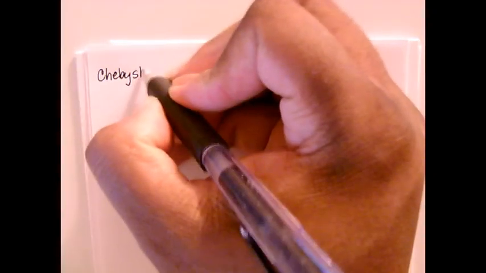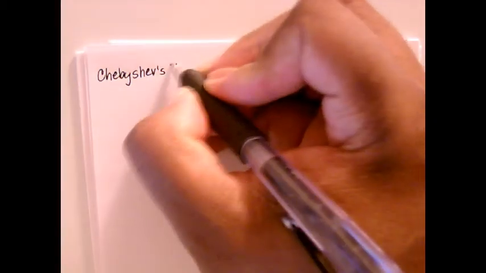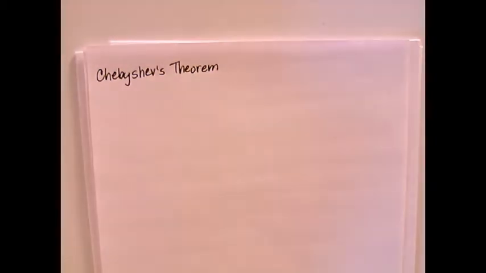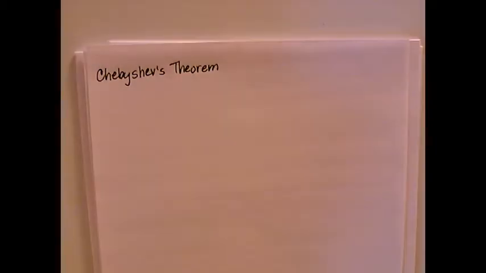But with Chebyshev's Theorem, here's how we spell Chebyshev's Theorem. This applies to any data set, regardless of whether it's normal. With the empirical rule, it's only applicable to the normal distribution. Chebyshev's theorem is applicable to any data set.